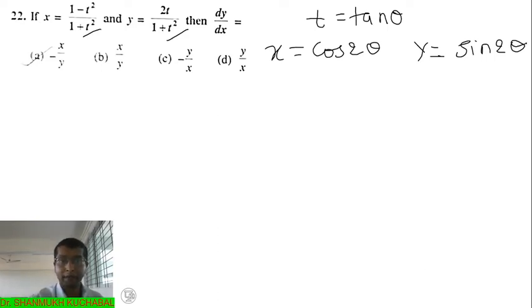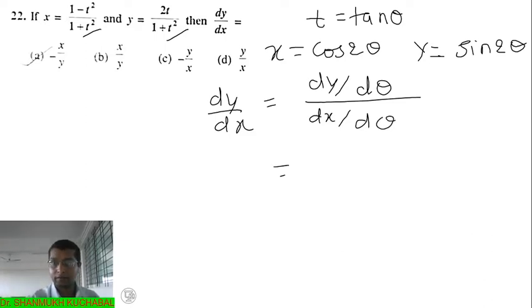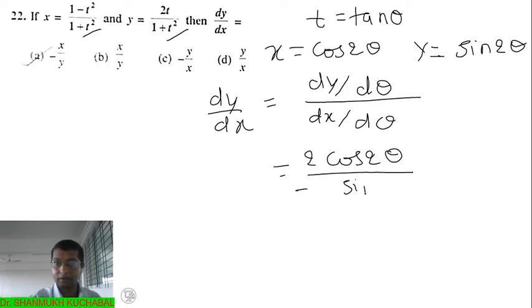Now we will find dy by dx. So dy by dx equals dy by d theta divided by dx by d theta. We differentiate y with respect to theta: the derivative of sin 2 theta is cos 2 theta, and the derivative of 2 theta is 2. Similarly, dx by d theta: the derivative of cos is minus sin 2 theta, and the derivative of 2 theta is 2.